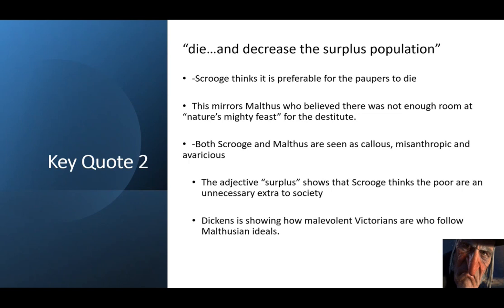So we've zoomed in on that word in particular because it shows Scrooge thinks the poor are unnecessary. Dickens is showing how malevolent Victorians are who follow Malthusian ideas or ideals. Dickens wanted to prove the Malthusians wrong, to show them how evil this way of thinking was.